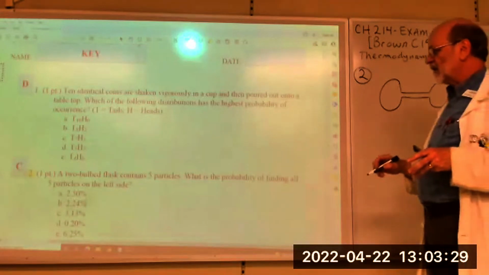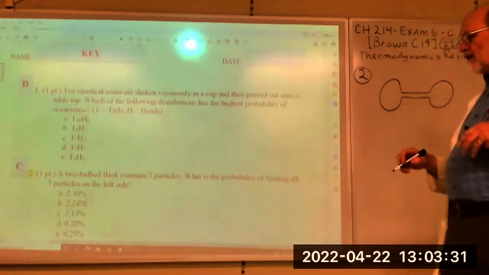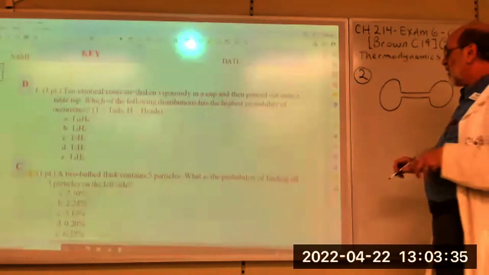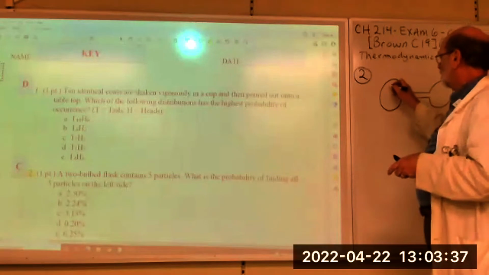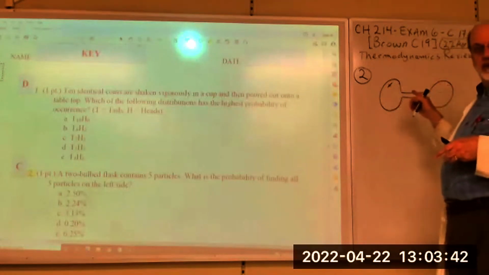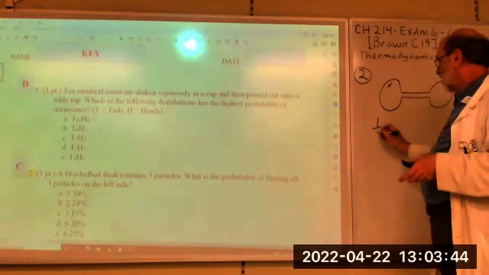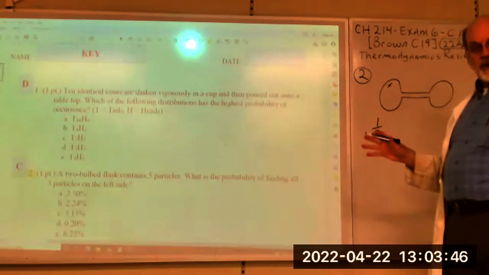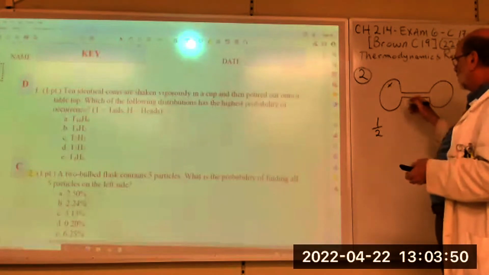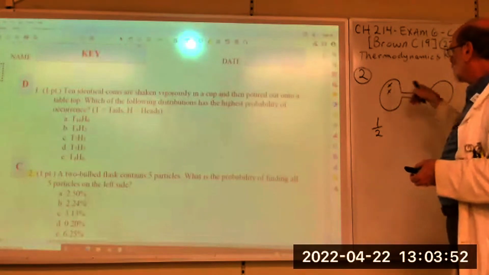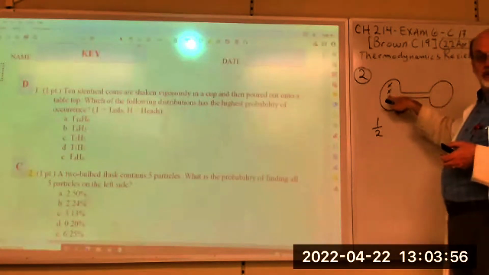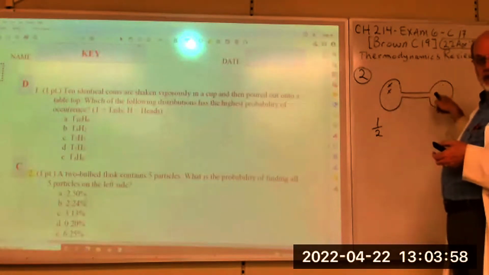What's the probability of finding all 5 particles on the left side? What's the probability of finding 1 particle? It could either be here or here. So the probability is 1/2 for 1 particle. How about 2 particles? What's the probability of finding 2 on this side? Well, the probability of that particle is either here or here.